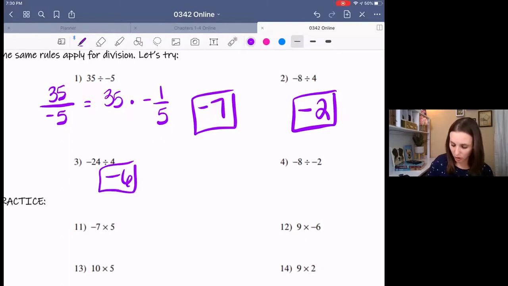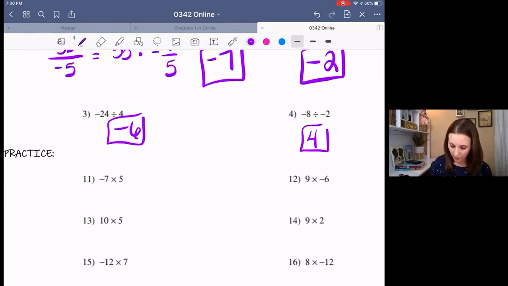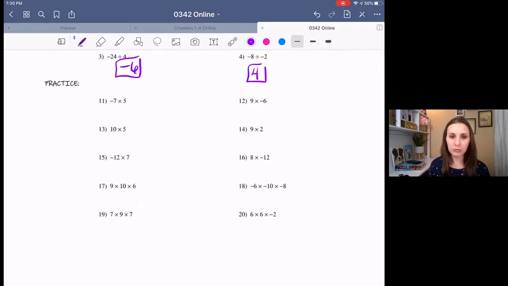Number 4, we have a double negative here, which changes it to a positive. Super simple, very quick. Okay, I have a bunch of examples down here. If you would pause it and try them on your own and then hit play so we can go over the answers together. There's a whole bunch of them.